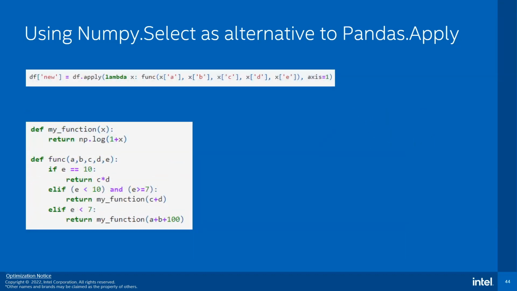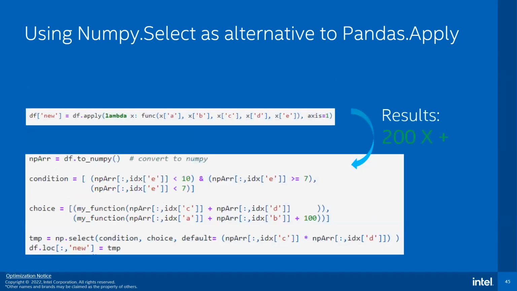Here we're going to be applying a function called func. Func is this thing that has conditional logic. It calls my function. My function is calling a log, which is a somewhat slower calculation at the low level. So, this is what we're trying to do.